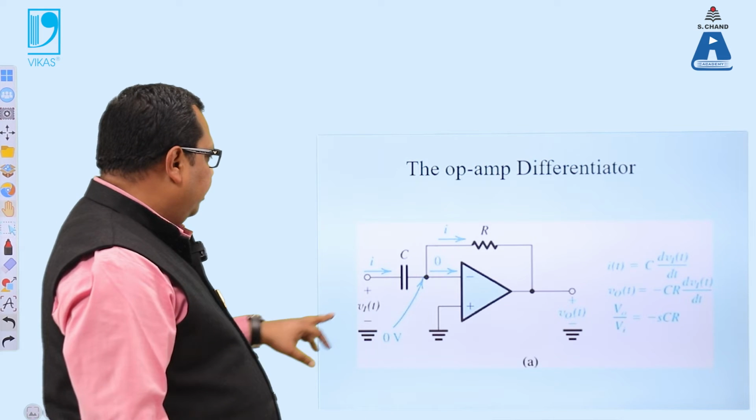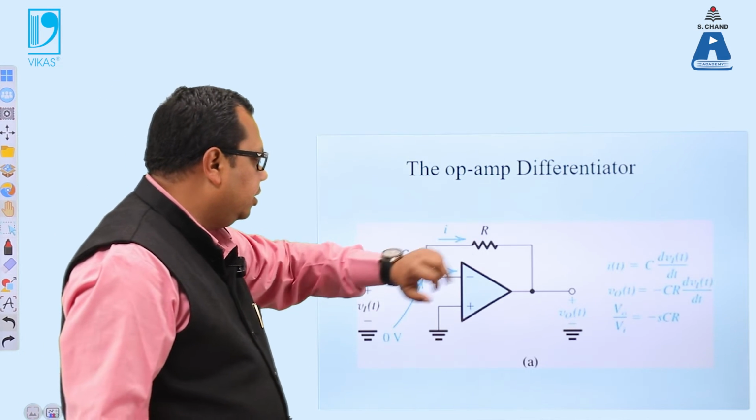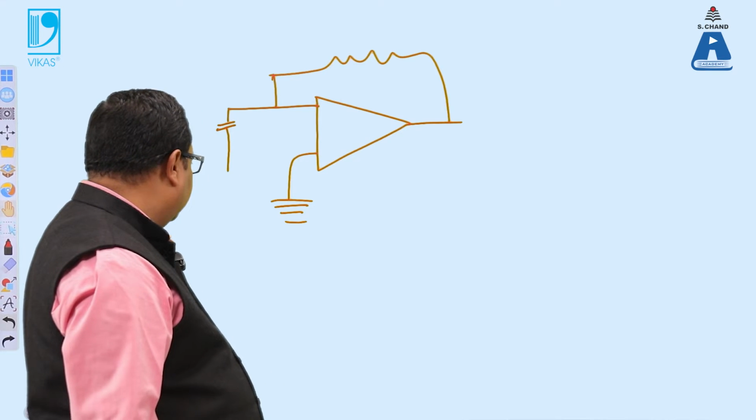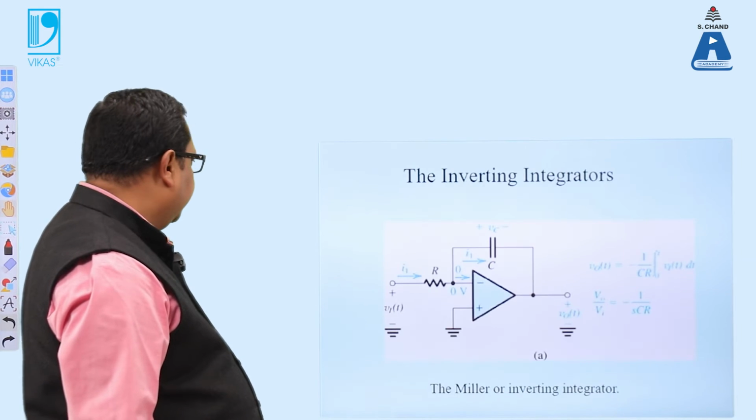So the reason we are using the capacitor, it is a capacitive circuit, here is a resistor, and then we are using this.